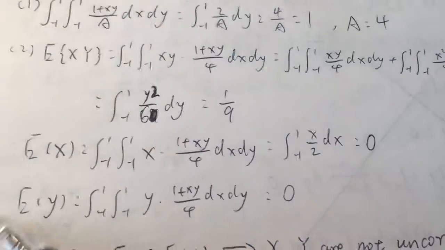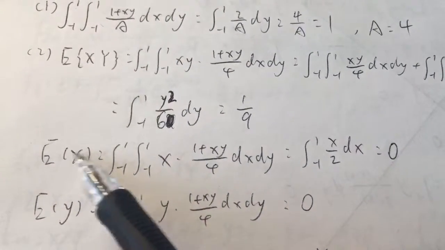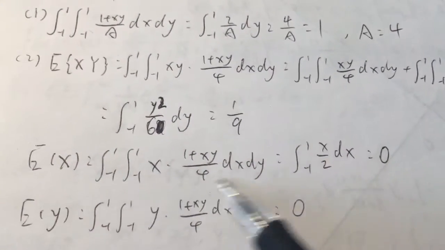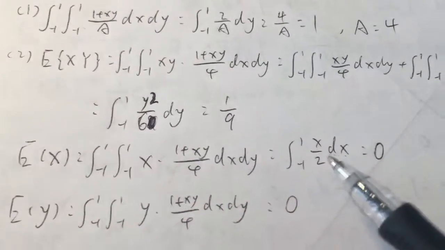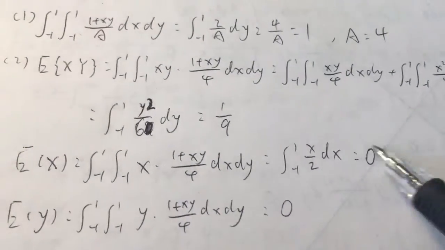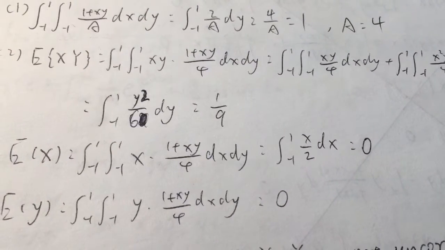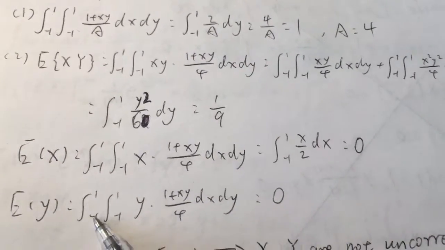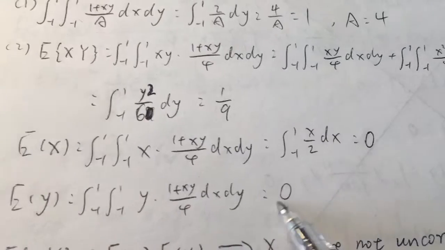And now we need to calculate the expected value of x, and we got this equals 0, and because they are symmetric, the expected value of y should be 0 too.